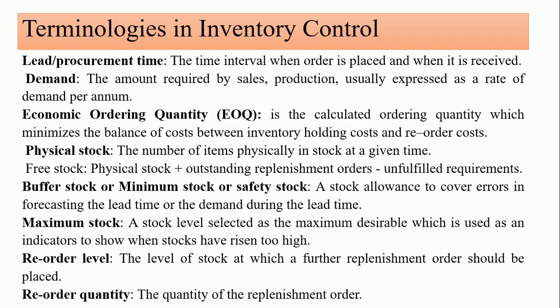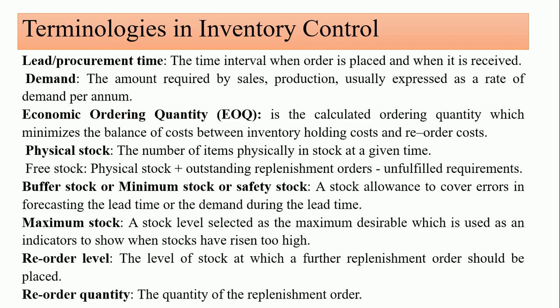We have explained earlier what the lead time is: the time interval between when you place the order and when you receive the order. This could be in days, months, or years, depending. But the earlier, the better.